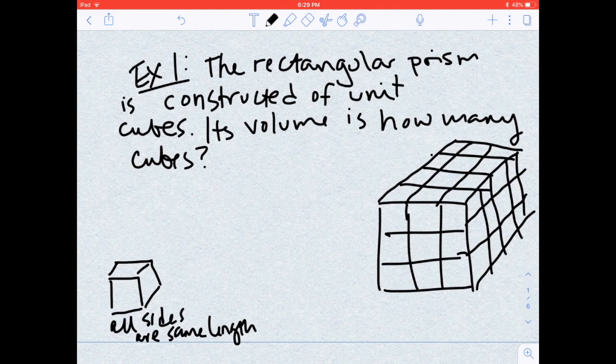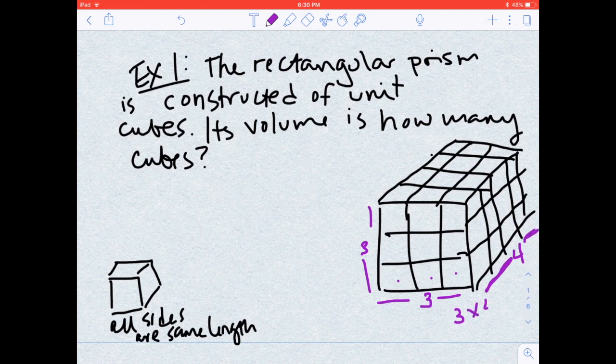So I need to count my cubes for this essentially, and I say, well, I have 3 cubes this way, right? 1, 2, 3. And then I have 4 cubes that way, right? So then I have 3 cubes this way. And I'm going to multiply these. What I'm essentially saying, I'm pulling my picture apart and saying, well, on the base, I have 3 rows of 4 cubes.